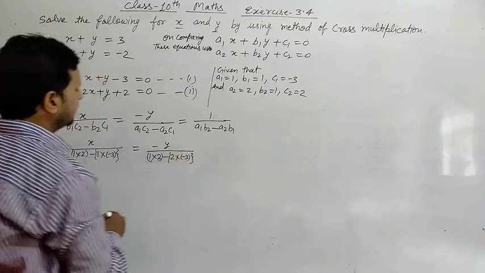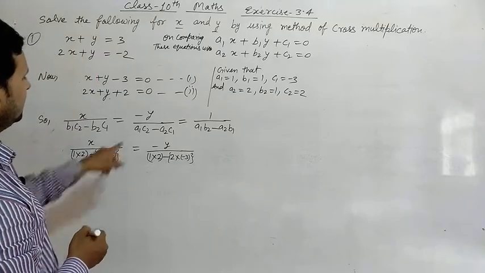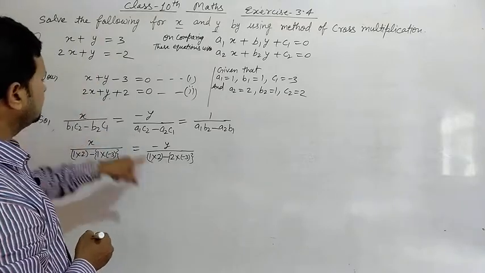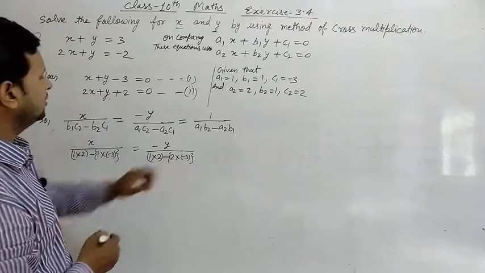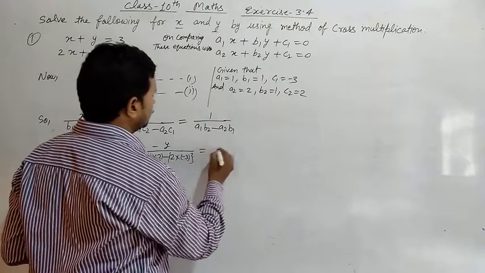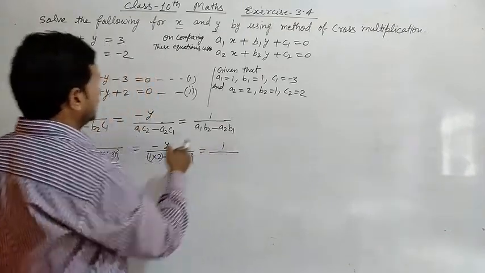It's right. This one is a1 c2 minus a2 c1, is equal to 1 upon a1 c2.